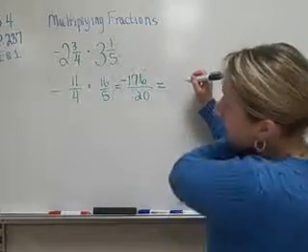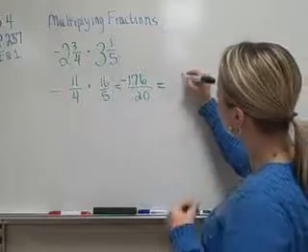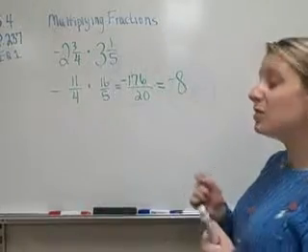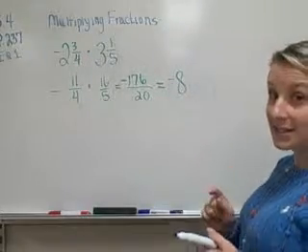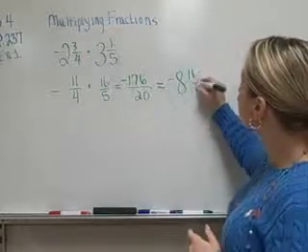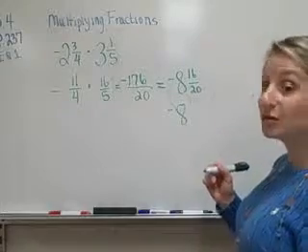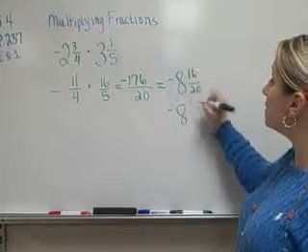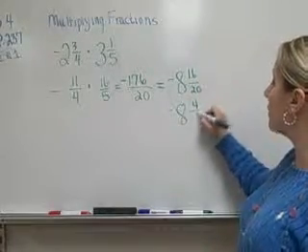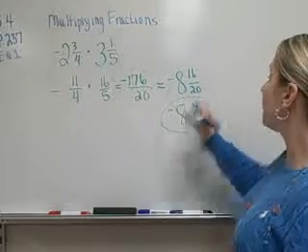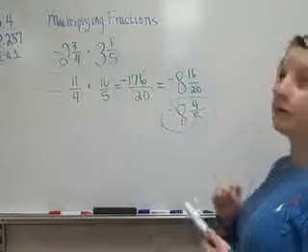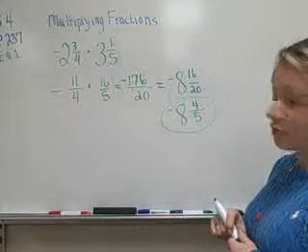It should be 8, negative 8. But that's only going to be 160, so I actually have 16 left over. So I have 16 20ths, and then I can simplify 16 20ths because they're both divisible by 4. 16 divided by 4 is 4. 20 divided by 4 is 5. So my final answer should be negative 8 4/5. Okay?